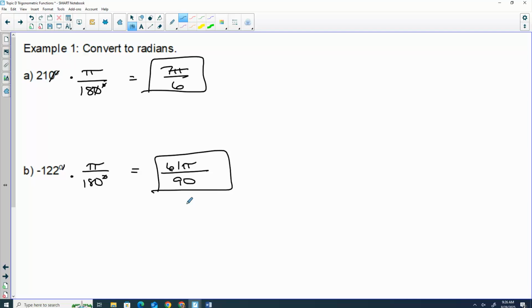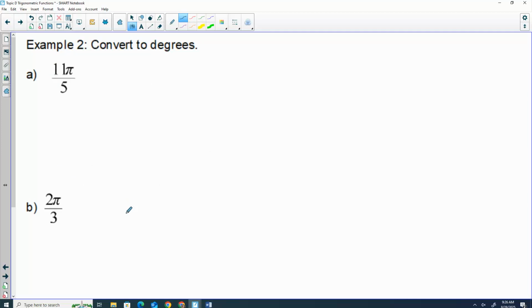Okay, let's go the opposite way. If I asked to convert a radian measure into a degree measure, how would I do that? Still multiply. We want degrees, so those are on top. We want to get rid of the radians, so we put the pi on the bottom. So my pi's drop. 5 goes into 180 36 times. What do you guys get?